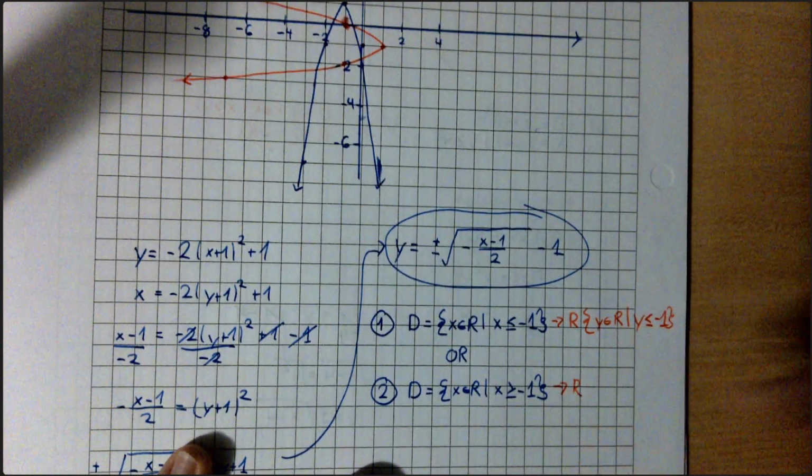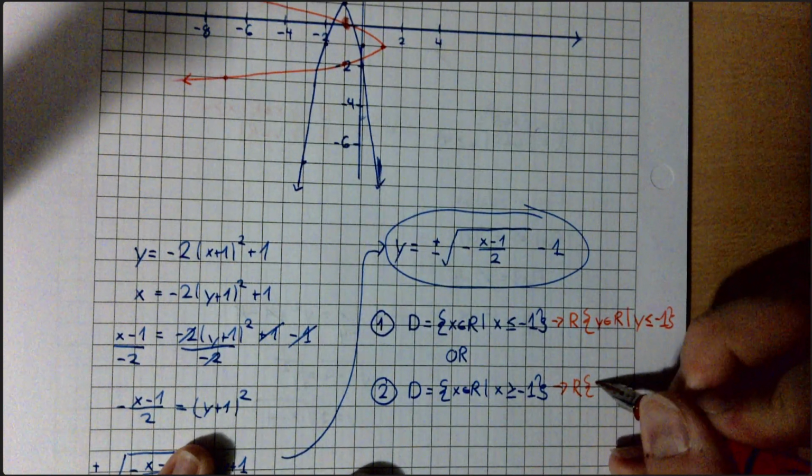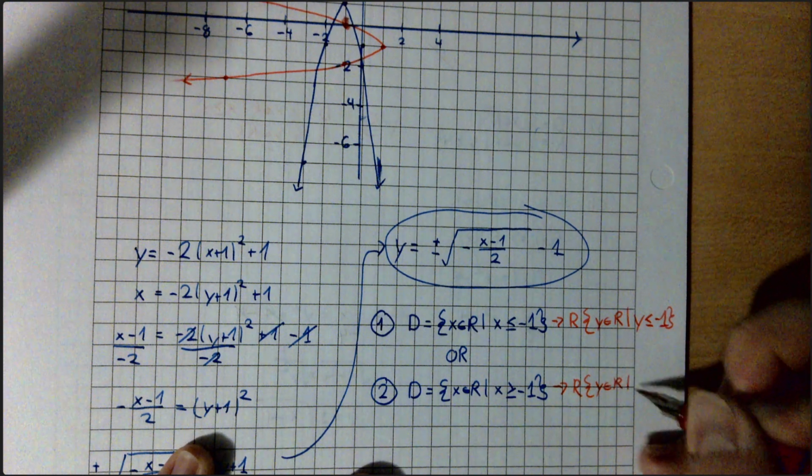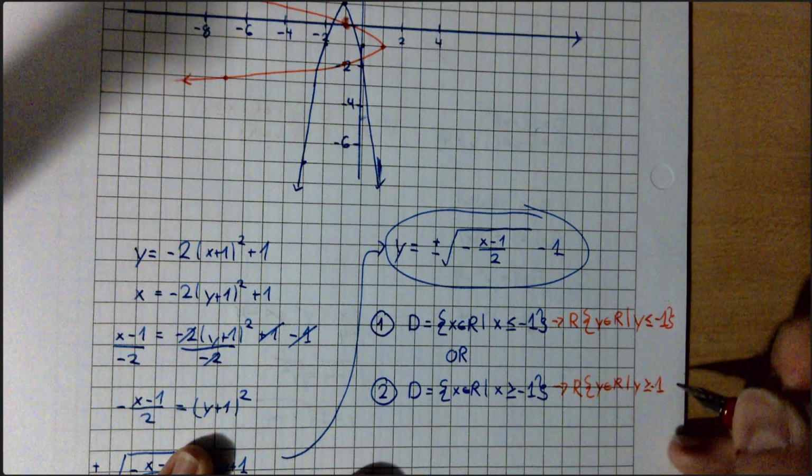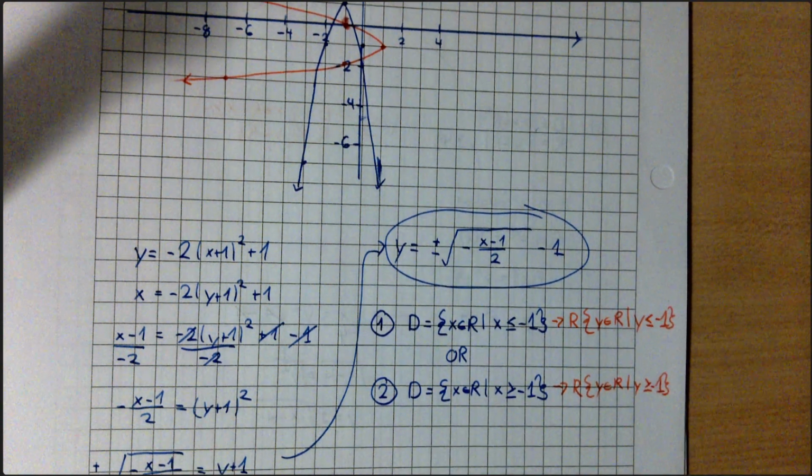And here, if I go with option 2, then I would have y is an element of the real numbers, where y has to be greater than or equal to -1. Oh, sorry, I forgot the minus, but -1 over there.